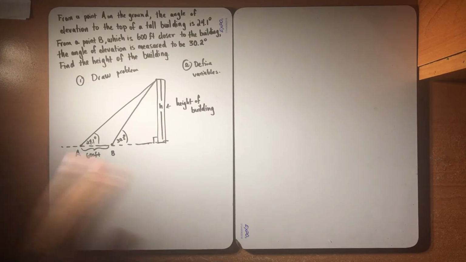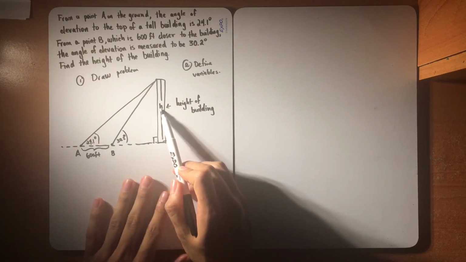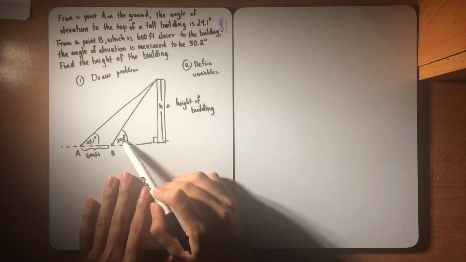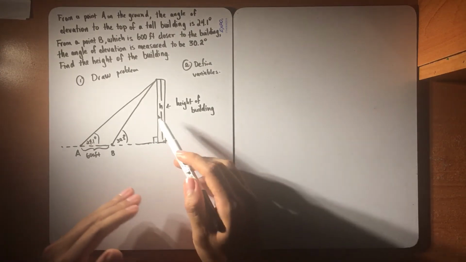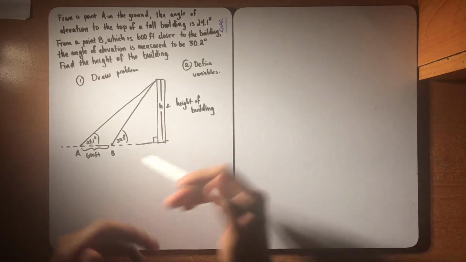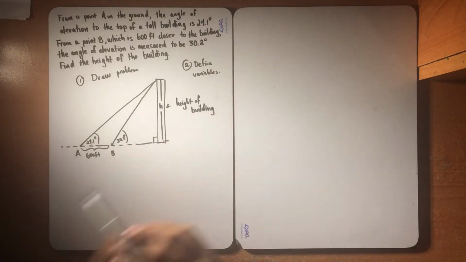Now, at the current state that we're at, we have a side. It's unknown, but we called it H. We have an angle. But in order to utilize these trig functions, we need to have another side. So let's try to study this problem a little bit more.